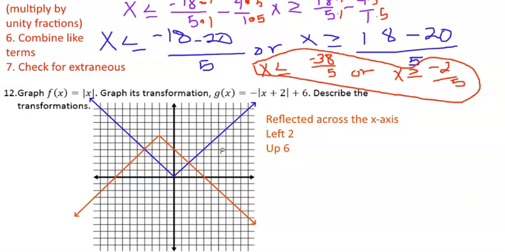And you could also graph both of these functions on Desmos to see your graph picture as well. So from the blue to the red, it reflected, it went left, and it went up.